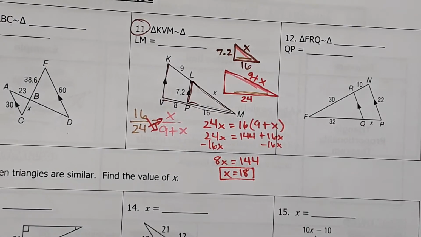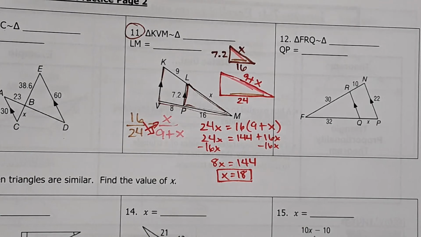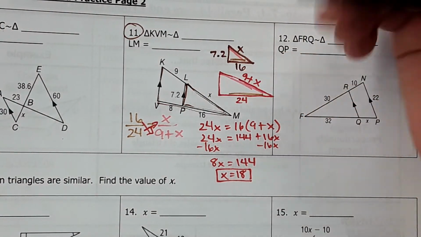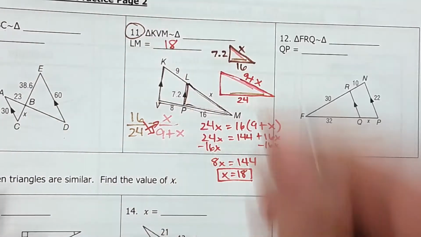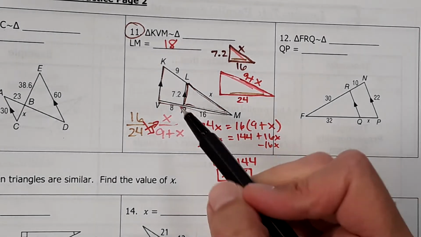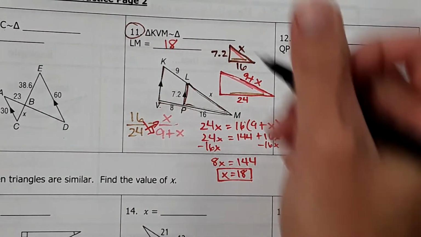And it comes out to x equals 18. And then if you look up here, LM, which is what it's asking for, is just x, so LM is 18. And then KVM is equal to LPM.